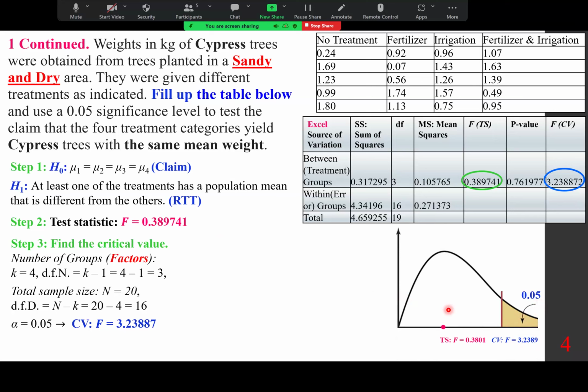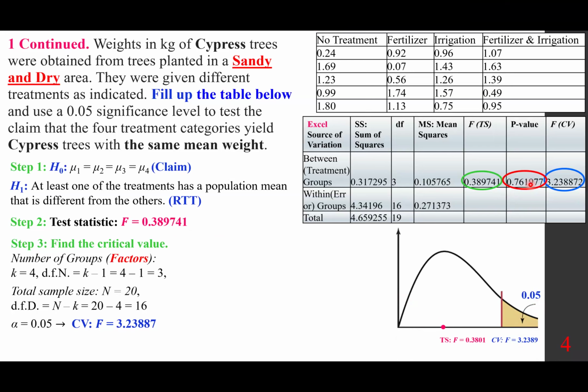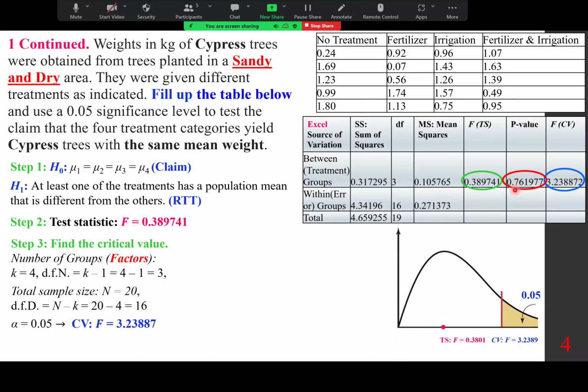So we fail to reject H0. However, if we look at the p-value, we get, of course, the same result. Remember, alpha is 0.05. P-value is way larger than alpha of 0.05. Both of them refer to the same thing. Fail to reject H0. Okay, so if we are not rejecting H0, we are not rejecting the claim.